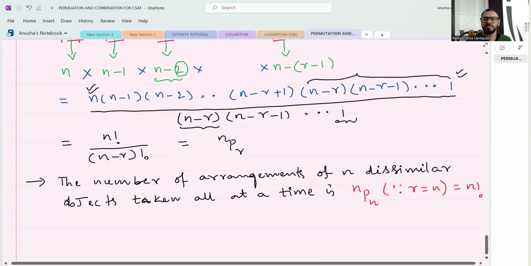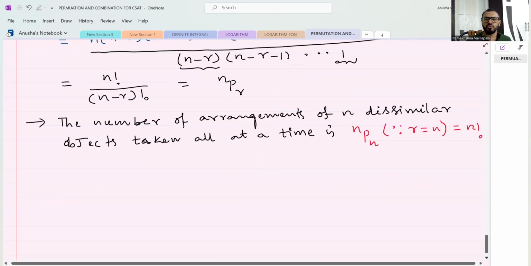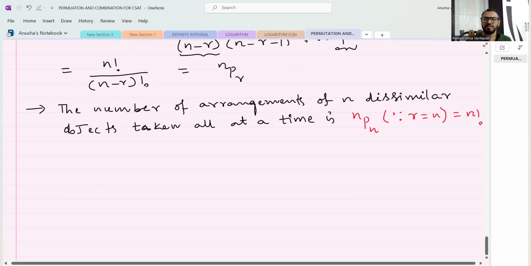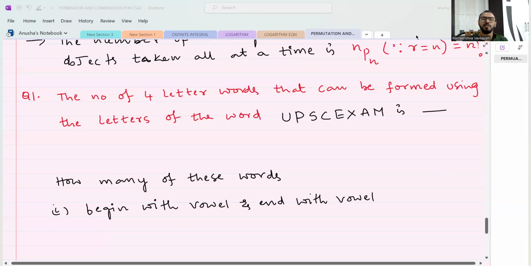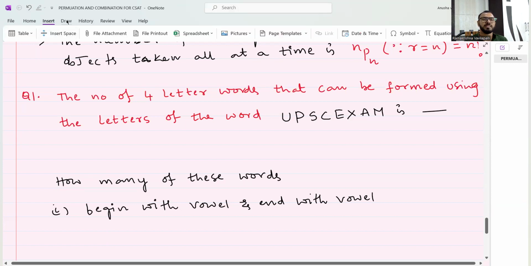I'll bring a few questions from CSAT, how to use these formulas effectively. The number of four-letter words that can be formed using the letters of the word UPSC exam. UPSC exam word contains 1, 2, 3, 4, 5, 6, 7, 8 letters. So there are 8 letters in the word UPSC exam.